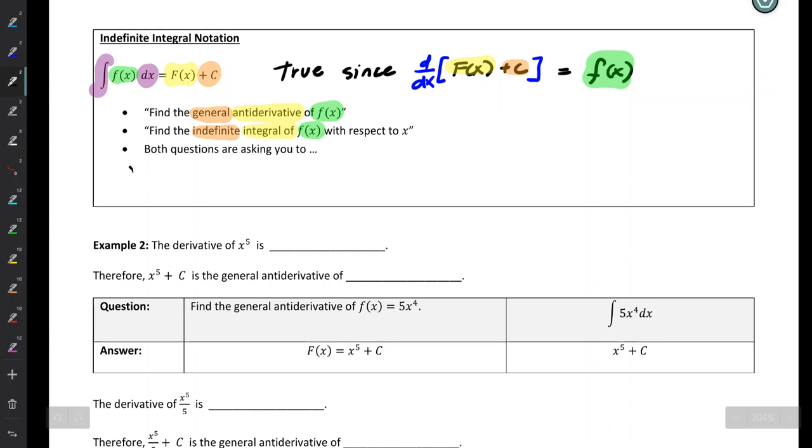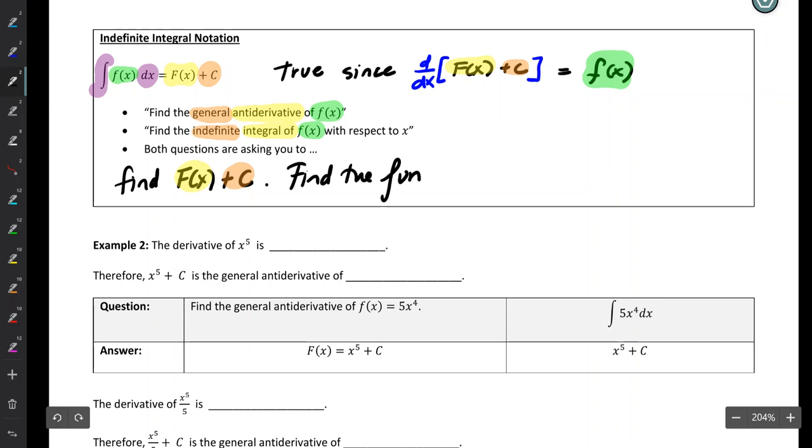They're asking us to find the function, specifically the family of functions, whose derivative is f of x. That's an is.